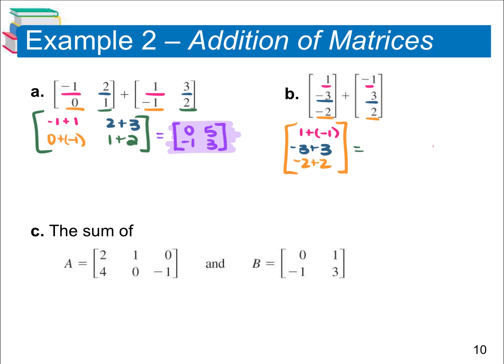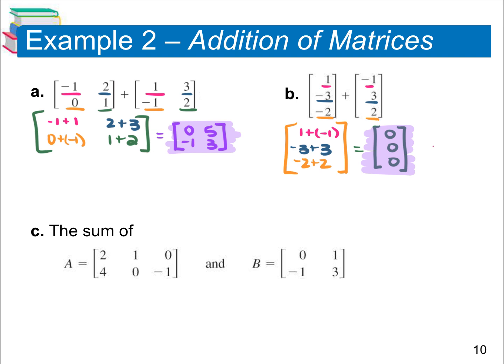So we combine to get the matrix 0, 0, 0. Now, we were able to add these last two examples because your dimensions for each of those matrices are exactly the same. For example A, you have a 2 by 2 plus a 2 by 2. For example B, you have a 3 by 1 plus a 3 by 1.